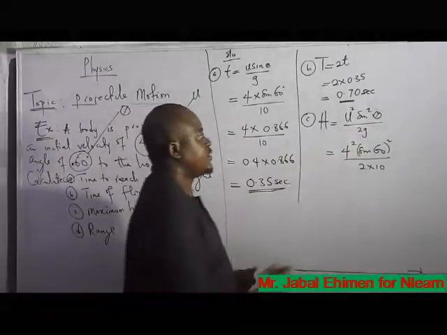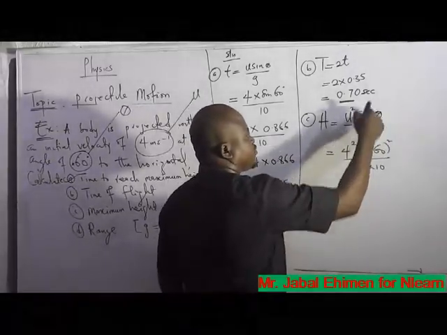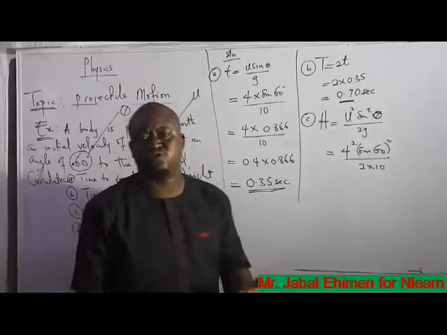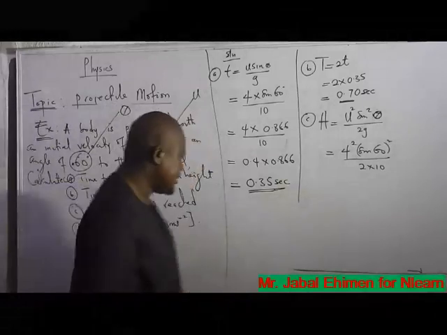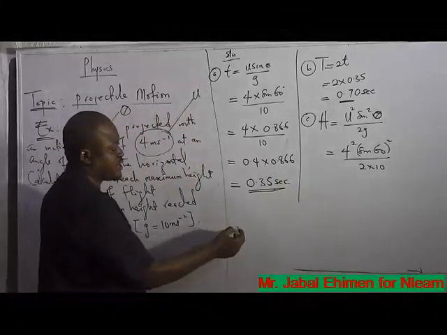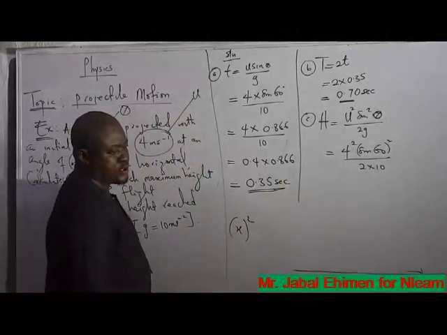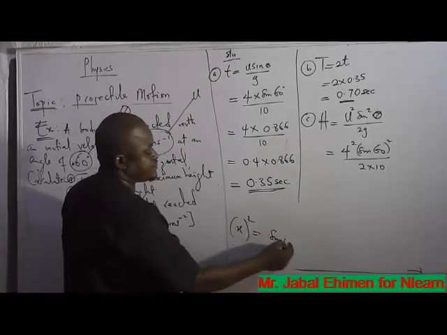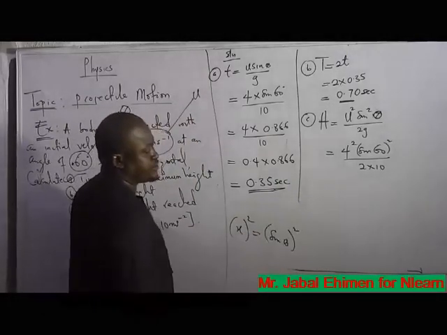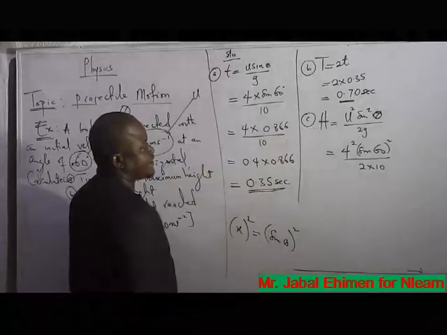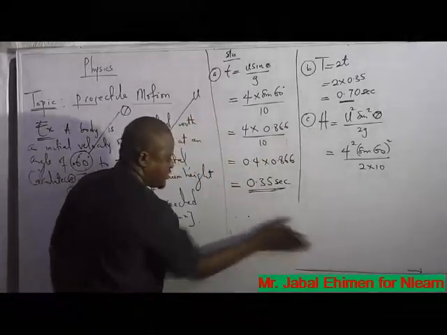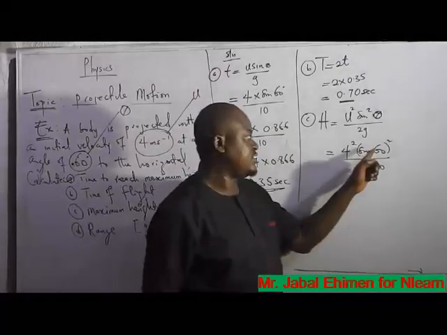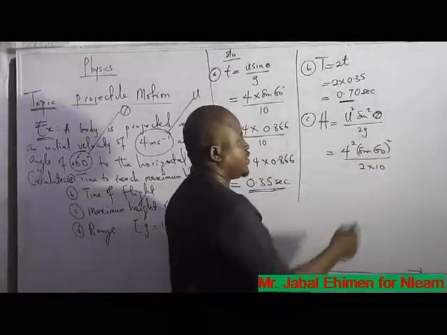Now listen, sometimes when you're taking your computations, some students get this wrong. When they get here, they look at this value, sine squared theta, and they ask, what does sine squared theta mean? You don't need to bother yourself. What they actually mean is the same thing as when you say x squared. So it's the same thing as sine theta squared. It's just mathematical writing. There's nothing there. So what you just need to do is take your sine theta and put the square there.